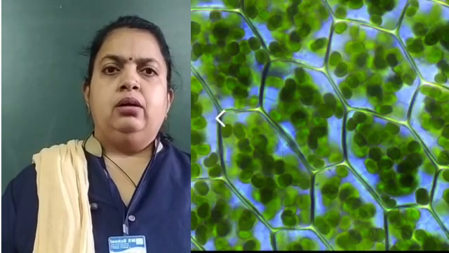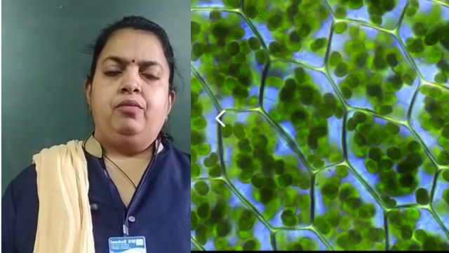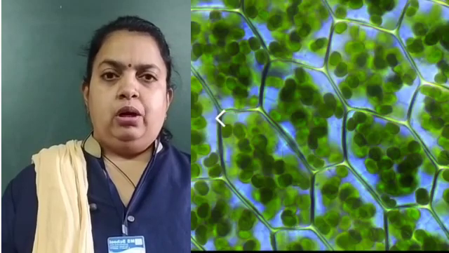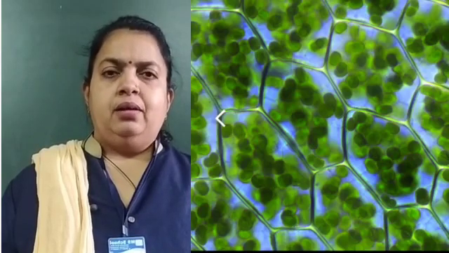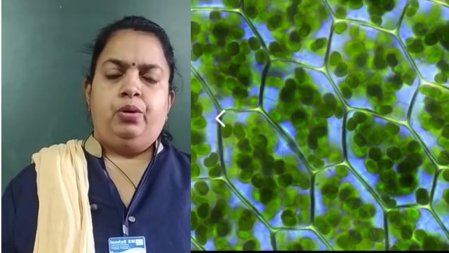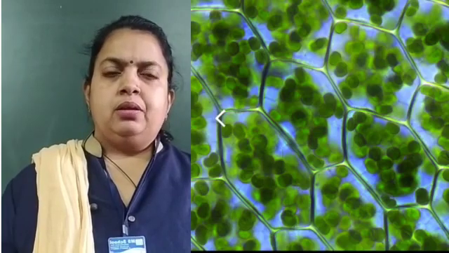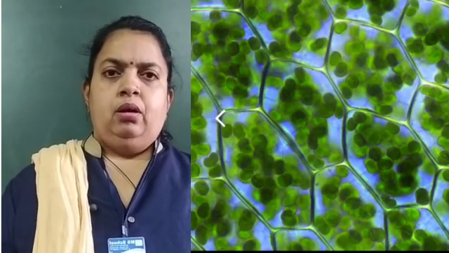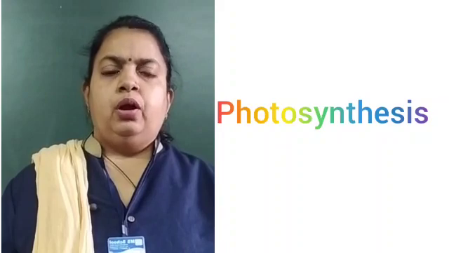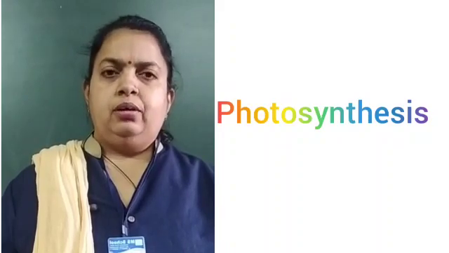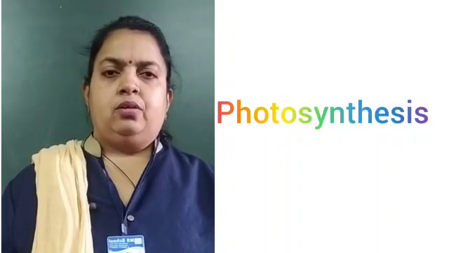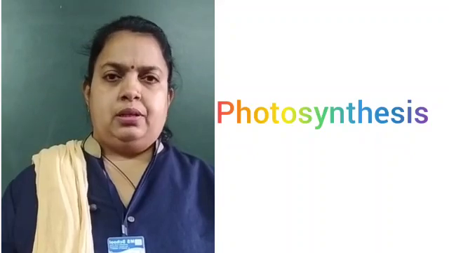It is called the chlorophyll, and with the help of air, water and sunlight, they prepare their food. This is called the photosynthesis, the process of making the food using air, water and sunlight.